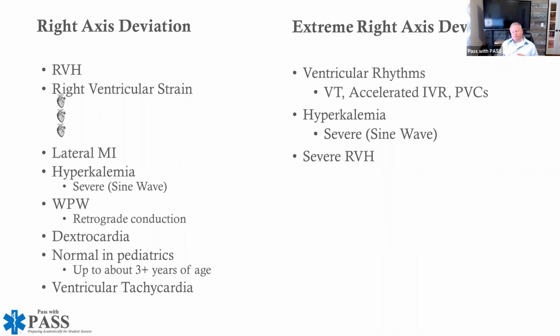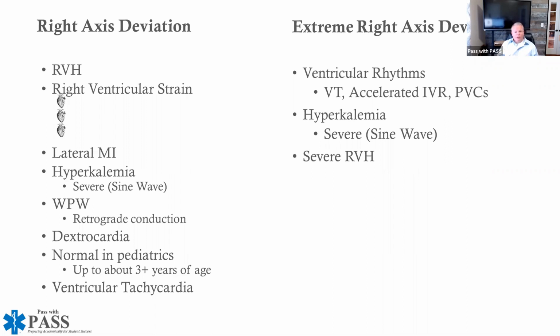So the reason that you may have a normal variation of a right axis deviation in the pediatric age group, particularly in the young, is because they don't have normal circulation through the heart. When they are in utero, they're not getting blood flow through the same pathway that you and I are.